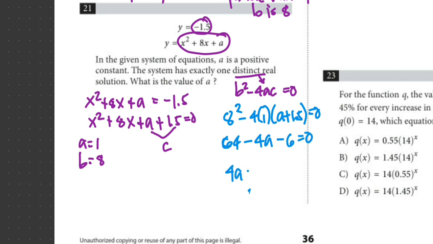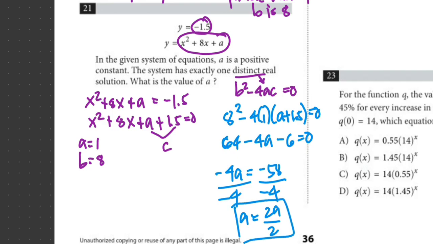Then negative 4a is negative 58. So a is negative 58 divided by negative 4. They're both divisible by 2, so 58 divided by 2 is 29 over 2. Therefore, the value of a is 29 over 2, when the system of equations has exactly one real solution.